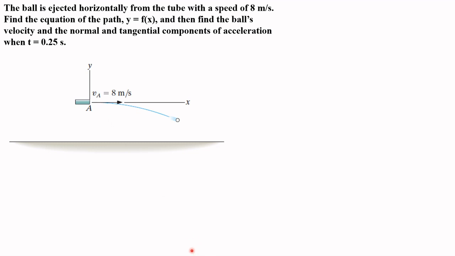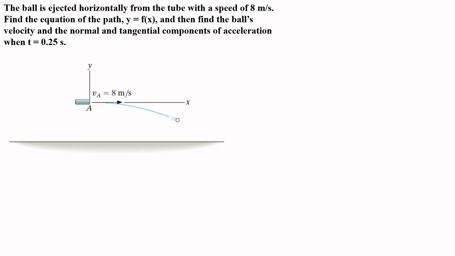Now, to start with, let me make something clear. Since the ball is ejected this way, the only acceleration the ball is experiencing is g, which is 9.81. There is no acceleration in the horizontal direction here, so this is similar to projectile motion.